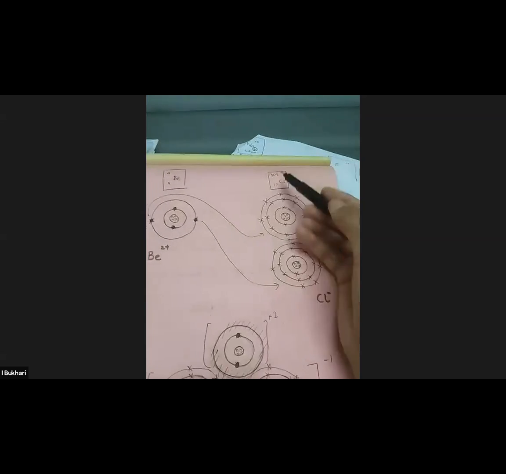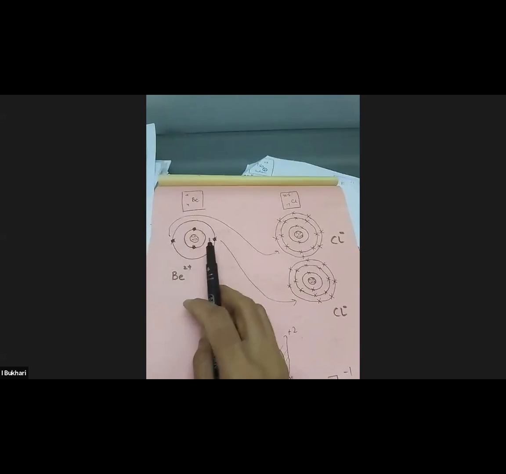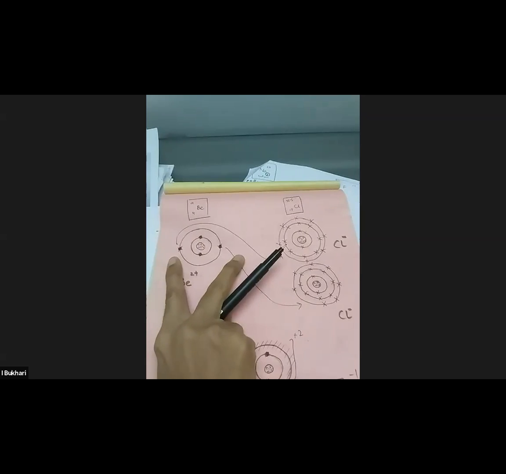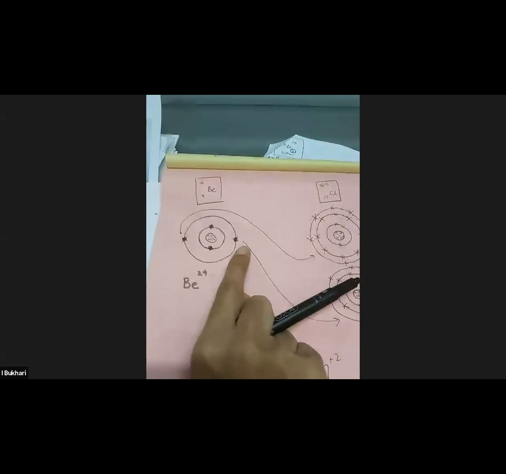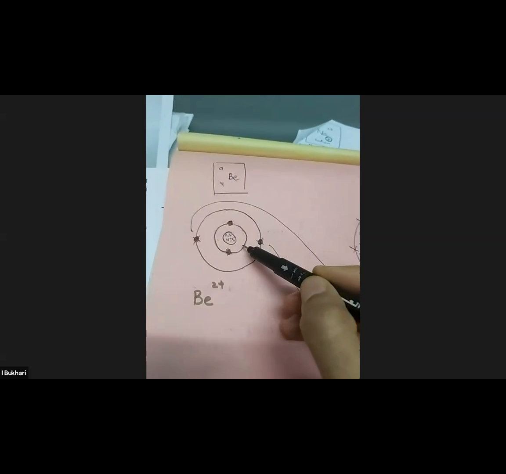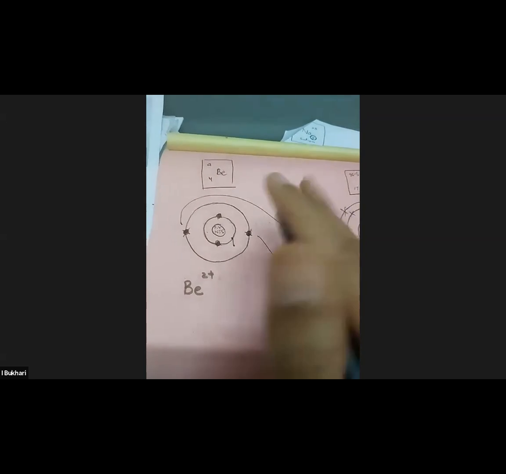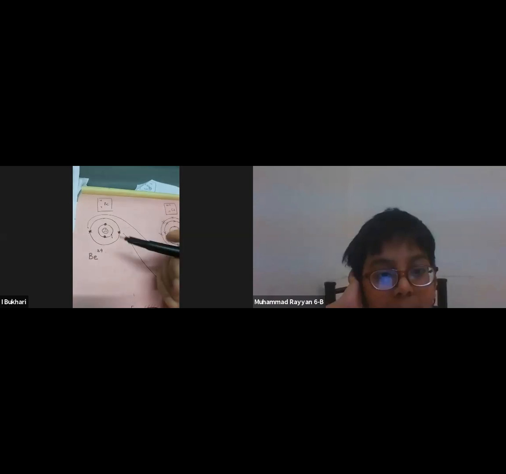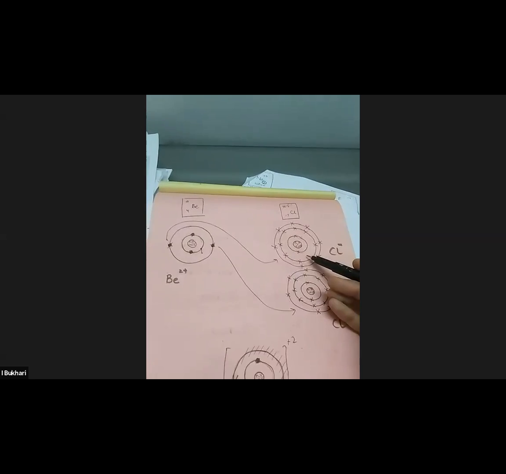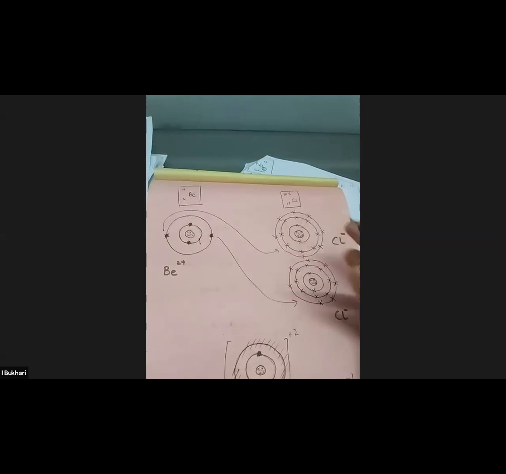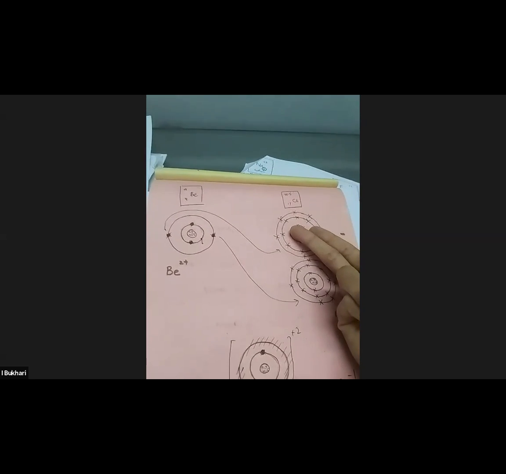Group 7 needs 1 more. Beryllium is ready to give 2, because by giving away 2, it will be left with only the innermost shell, and for the innermost shell, the stable number is 2, okay? So it will lose its 2 electrons to 2 chlorine atoms, because it has to lose 2, and chlorine can have only 1, okay?